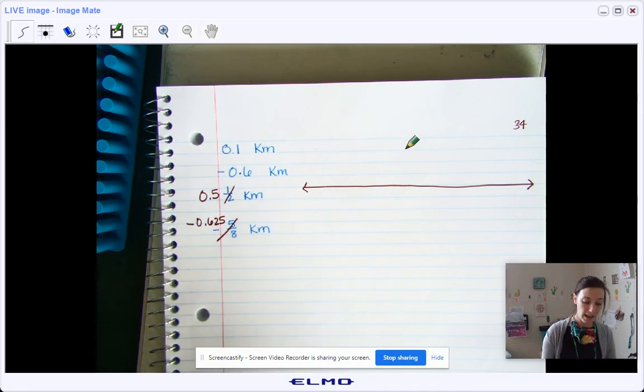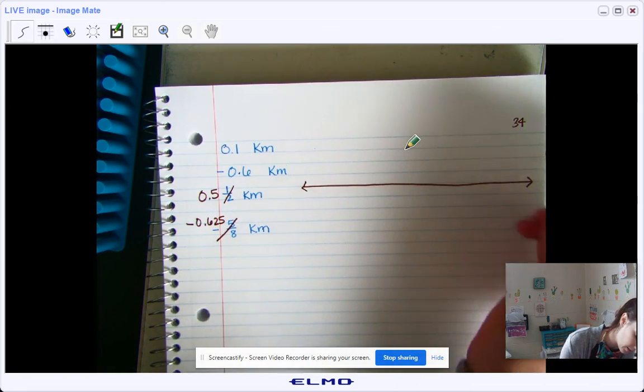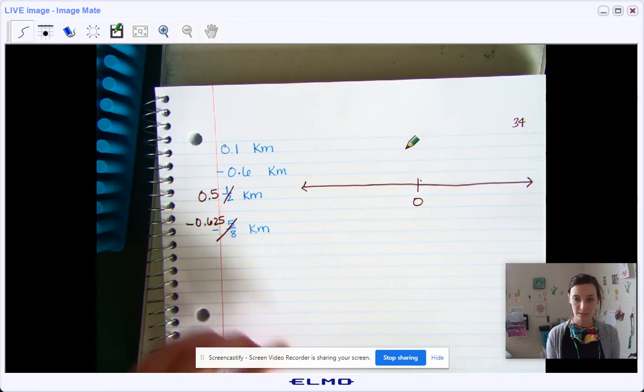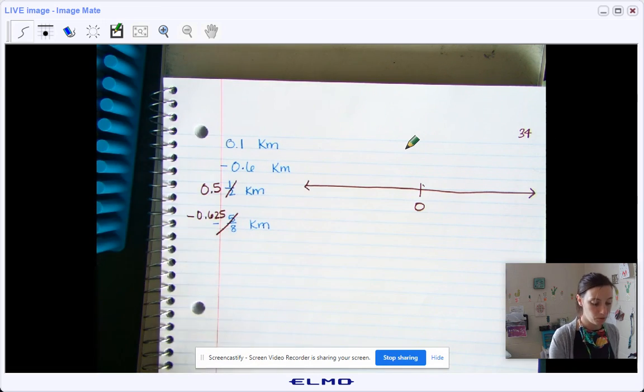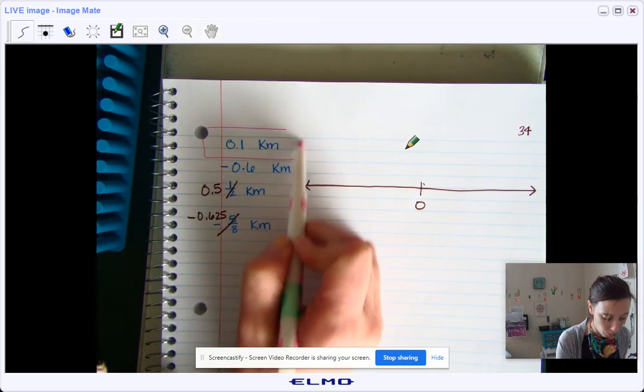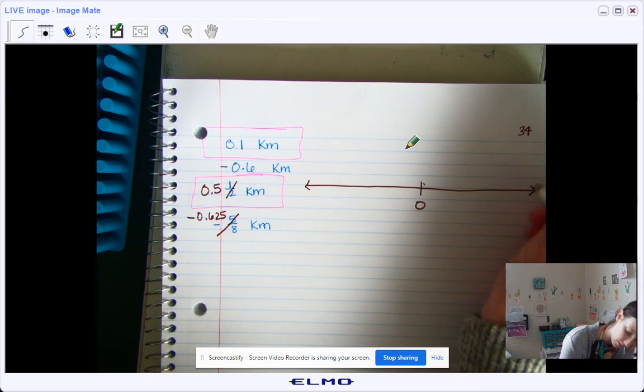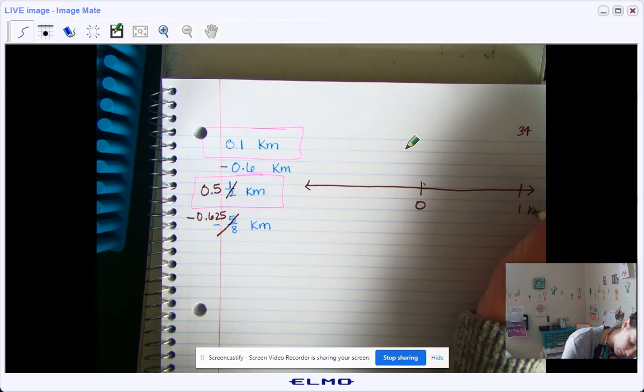Okay, so now if I start with 0, and let's do the positive ones. So the people who are above sea level are 1/10 of a kilometer above sea level and 5/10 of a kilometer above sea level. So this is 1 kilometer.